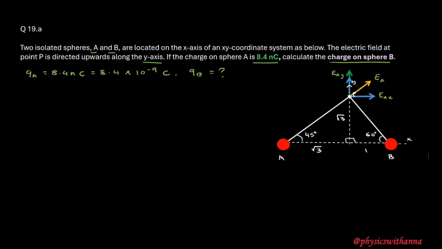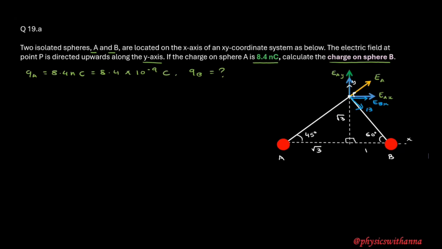Now, if you want the net electric field to be only along the y-axis, we need something that will cancel off this x component. So we need to choose the charge on sphere B such that when I find its electric field, its x component must cancel the x component of the electric field due to A. So we cannot choose B to be a negative charge, because if B were negative, the electric field at point P because of B will be directed towards sphere B and its component would be in the same direction as EAX.